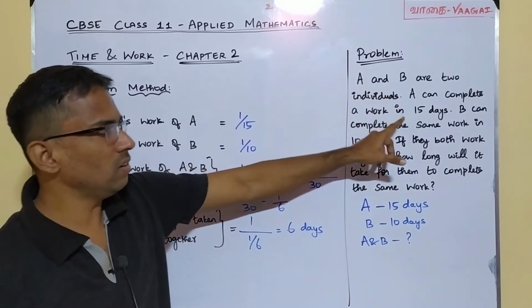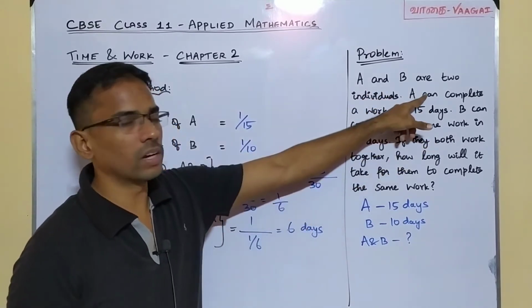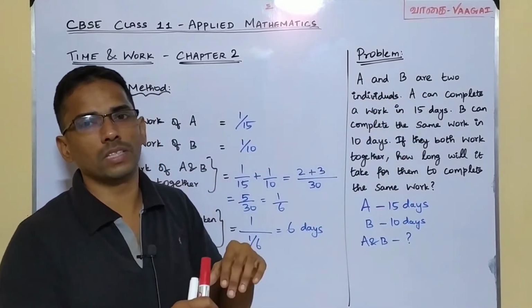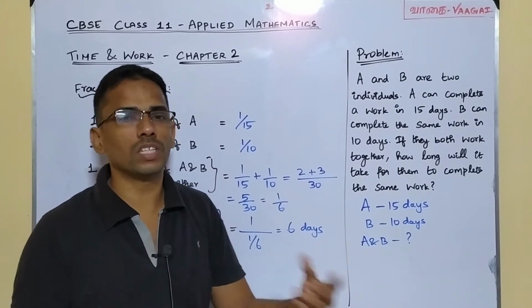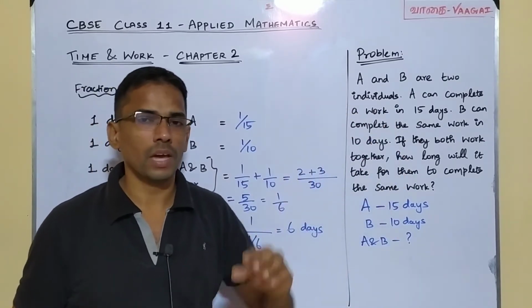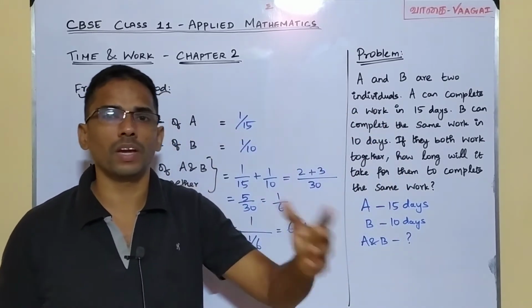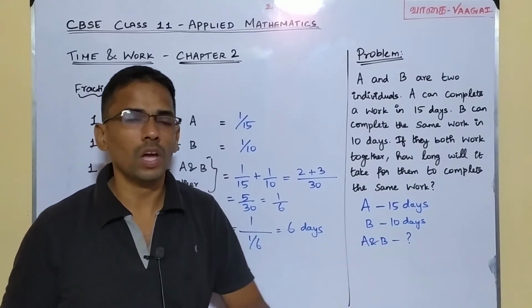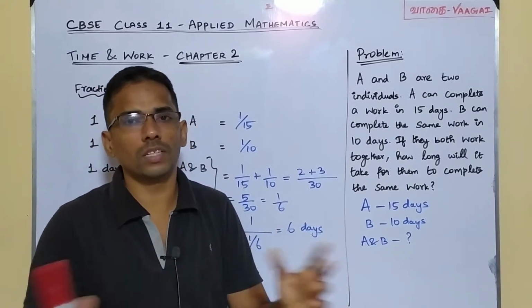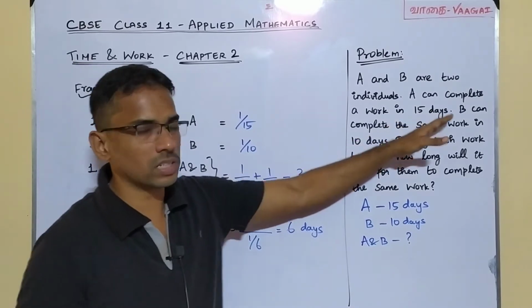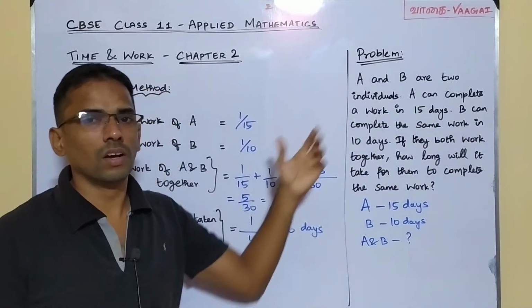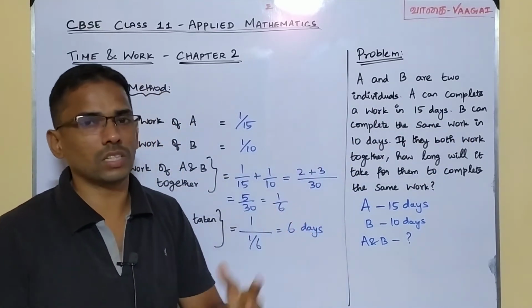So we read the question, and we take whoever is completing in however many days, or sometimes you may even get your questions in terms of hours also. A can complete a work in 10 hours, B can complete in 20 hours, whatever. The unit doesn't matter: if it is days, we have to take days here; if hours, we have to take hours here. That's the only thing.